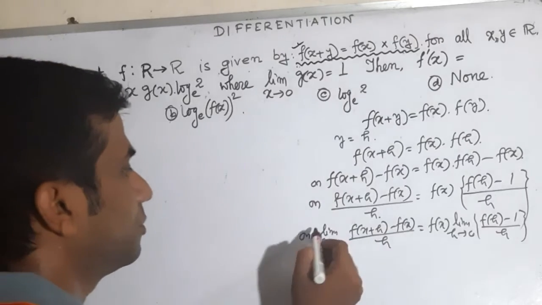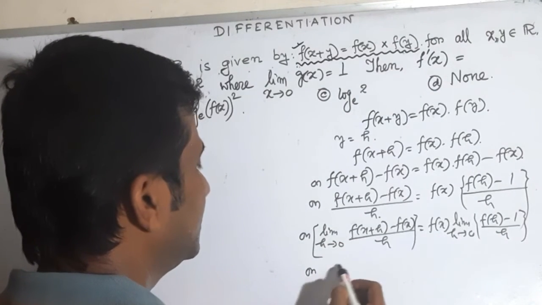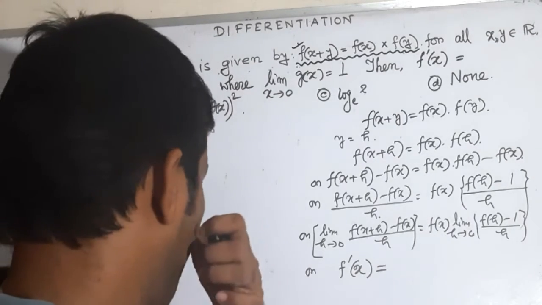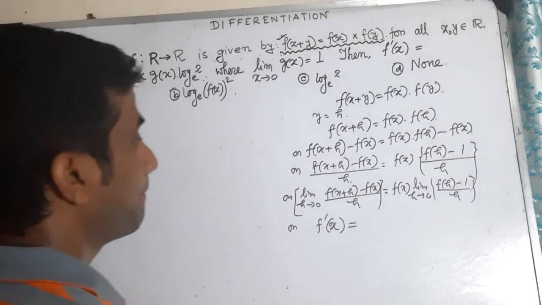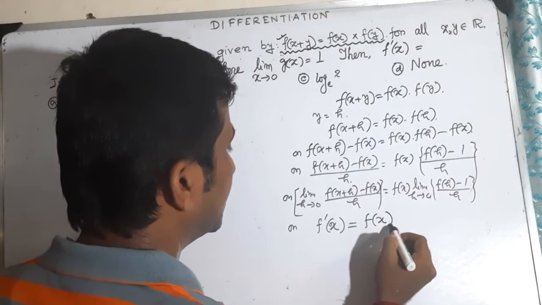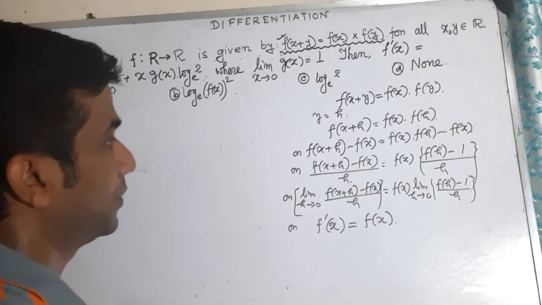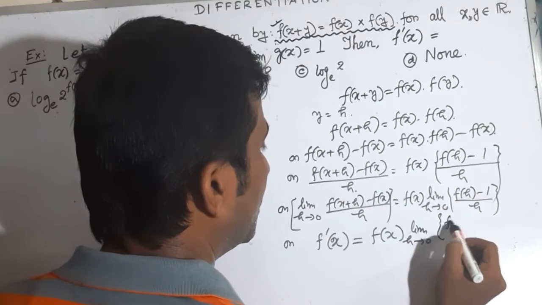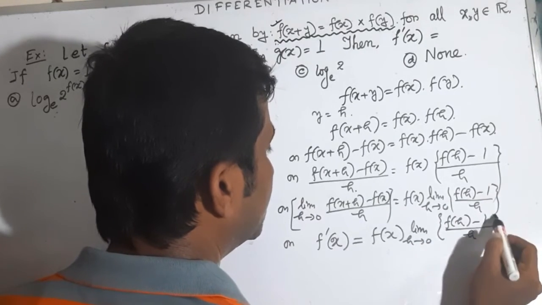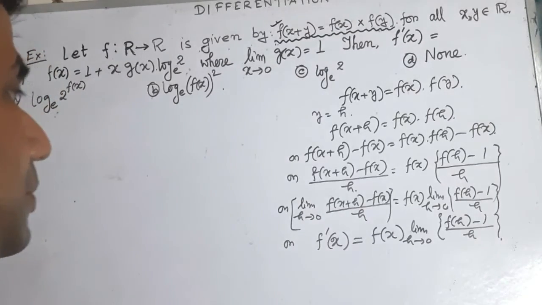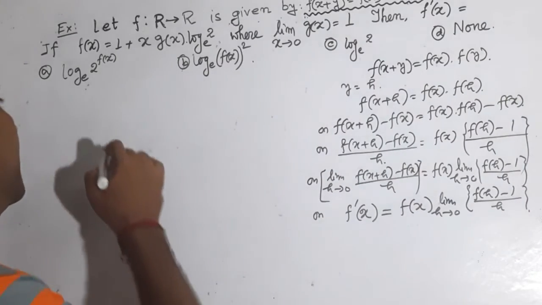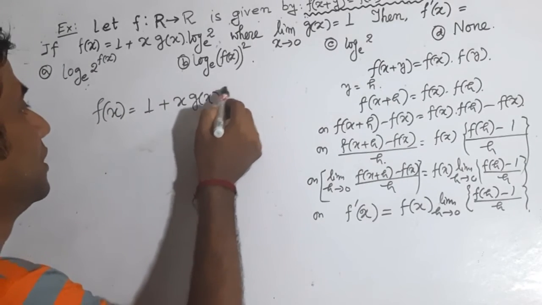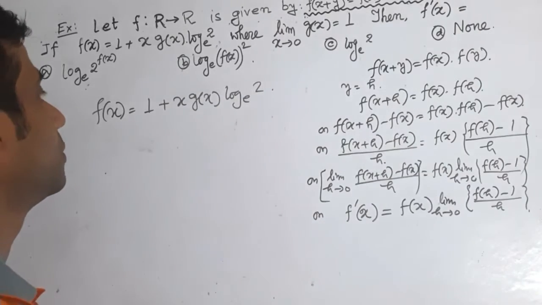You know from the definition of derivative, this is equal to f dash x is equal to f(x) into limit h tends to 0 of f of h minus 1 by h. Now it is given that f(x) is equal to 1 plus x g(x) log 2.